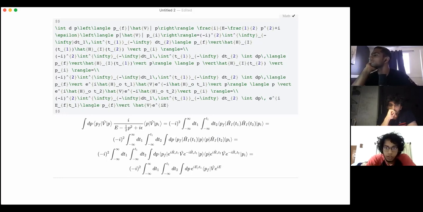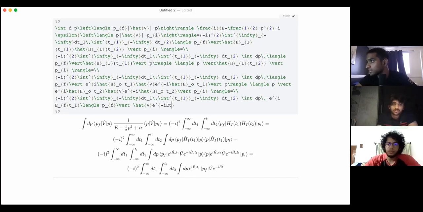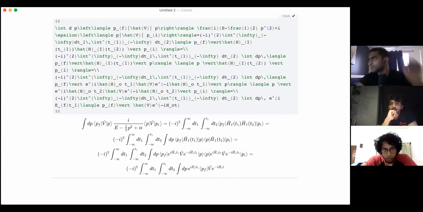So how do we make sense of this at some generic time? It is just minus iEt, one thing you could say. Maybe it's just an intermediary term. Let's just keep that for the time being. Let's see what we can convincingly pull out and what we can't, because we need the propagator to come out at some point.